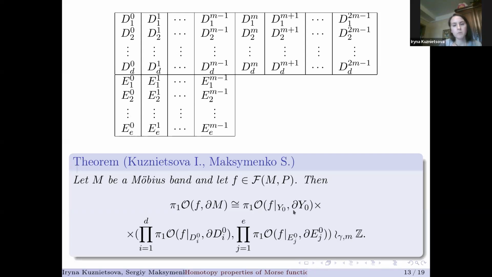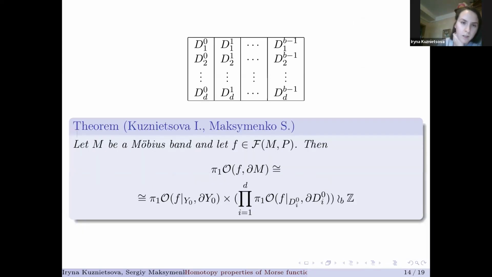And group A is just the fundamental group of the annulus. And the second case is where b is odd. Then we have just the usual wreath product. And here we just take one disk from the orbit, and it's a direct product.